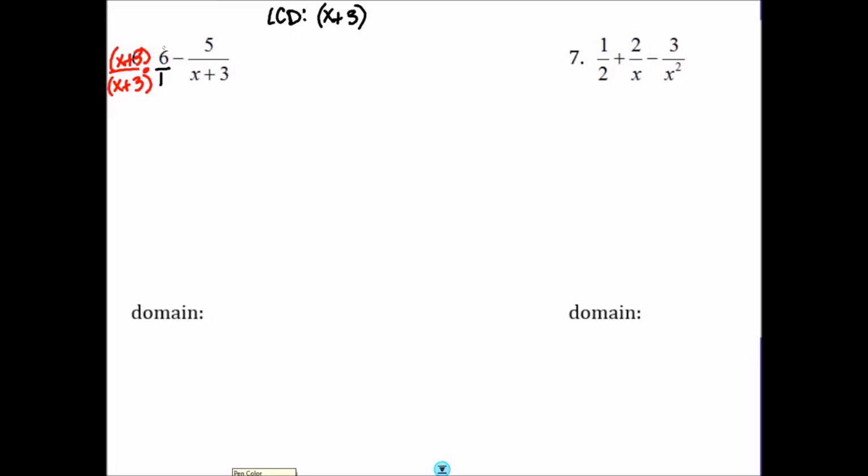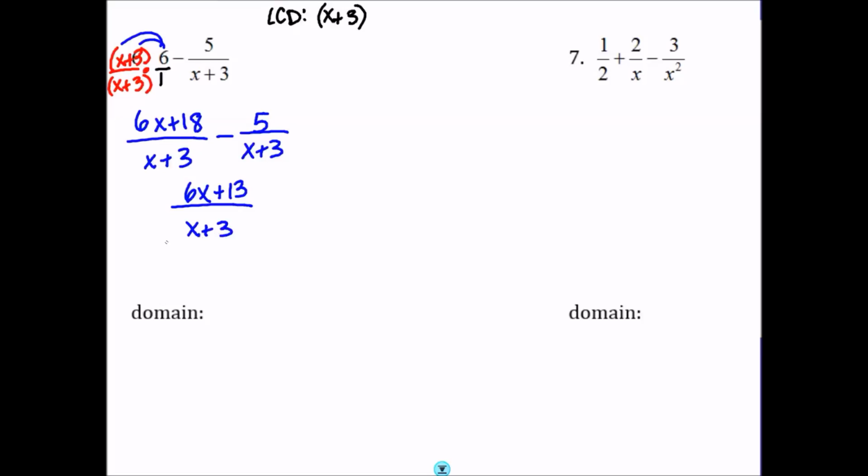We do need to remember to distribute the 6 to the x plus 3, so we have 6x plus 18 over x plus 3 minus 5 over x plus 3. Then we can go ahead and subtract. We get 6x plus 13 over x plus 3.